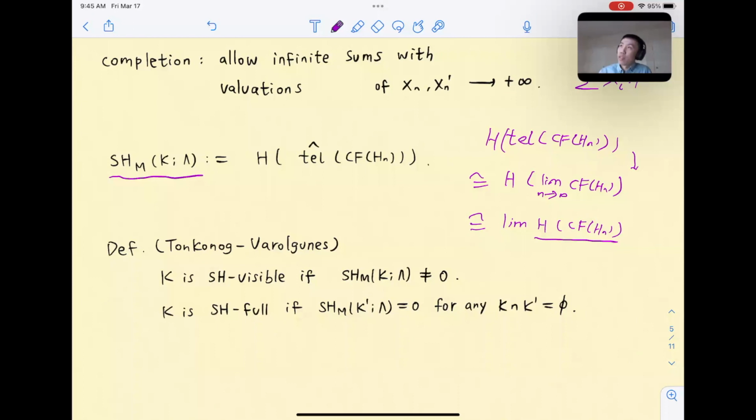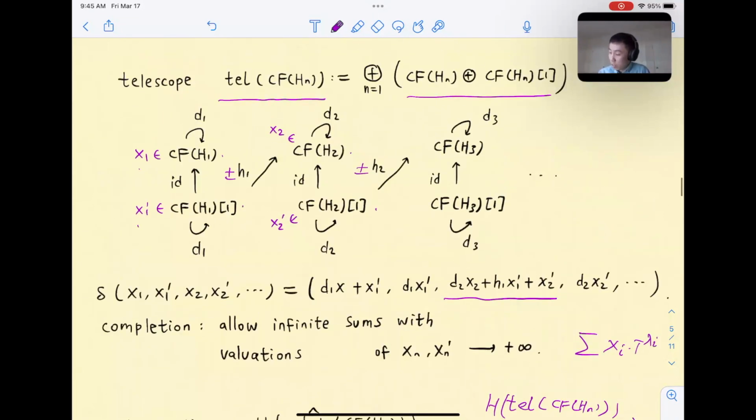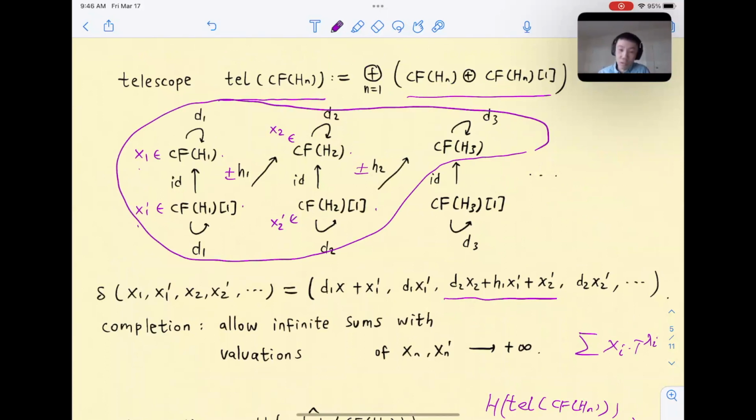I think the argument was after a finite truncation. Suppose we just stop at some H_n, say we stop at H3, then there is some map from this thing to CFH3. And one can prove this is a quasi-isomorphism. Then I think they use that the direct limit of quasi-isomorphisms is a quasi-isomorphism, something like that. Okay, thanks.